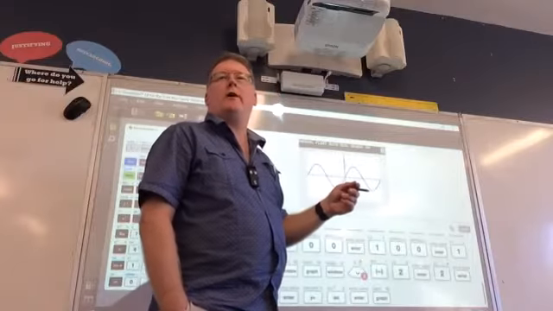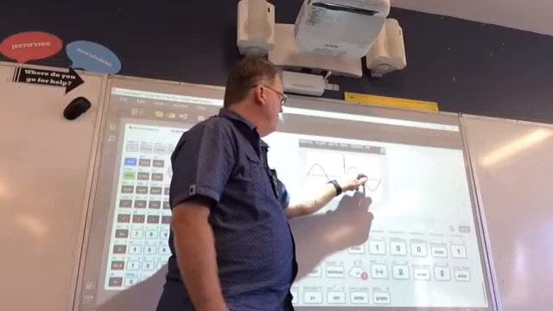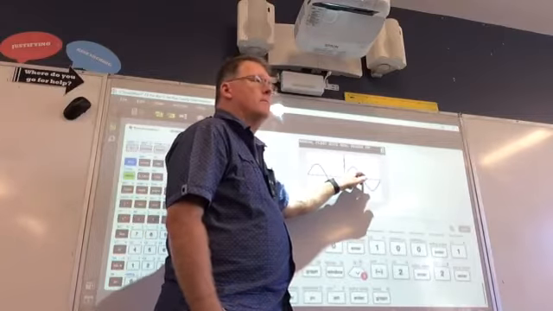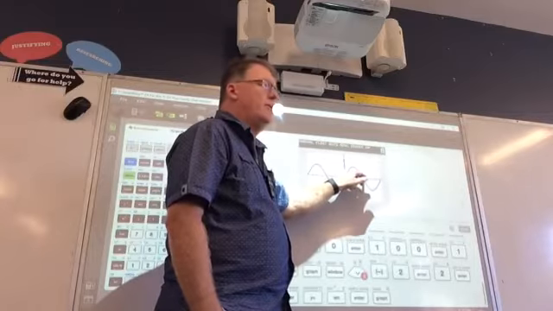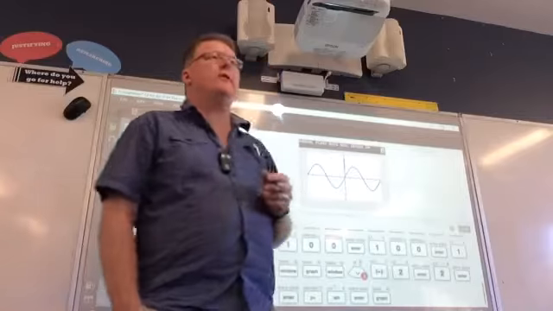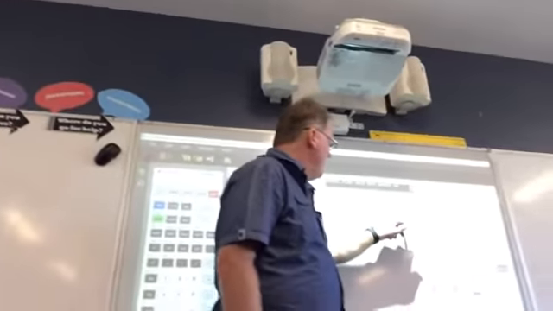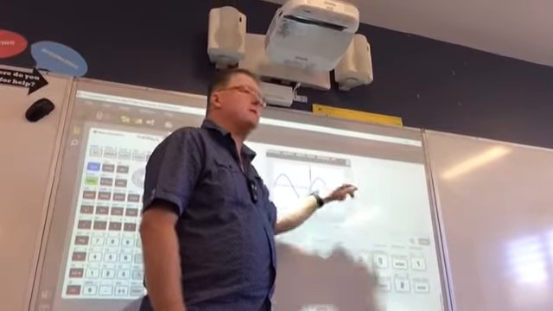What's the sine of 180? 0. That's that point there. 45, 90, 135, 180. 0. What's the sine of 270? Negative 1. So point there. What's the sine of 360? 0. Back to the start.